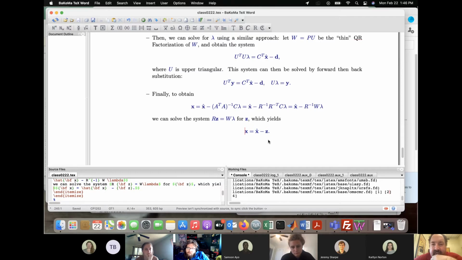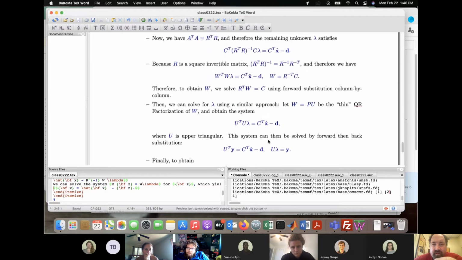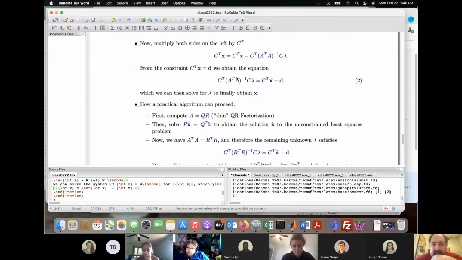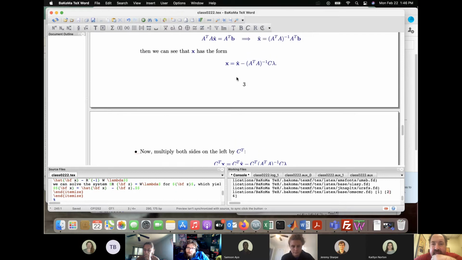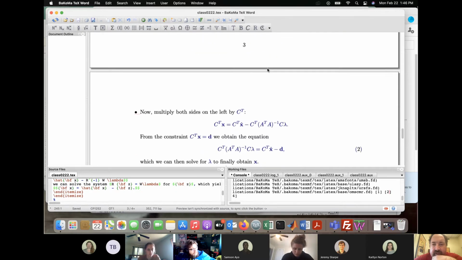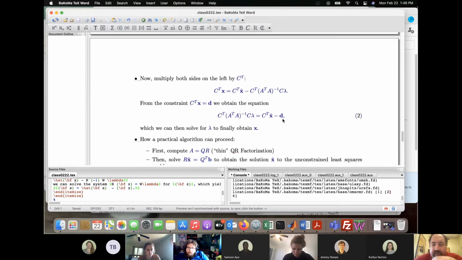So what you can see is, even after you have a formula worked out, this formula right here for X, which also relies on this formula for lambda, you don't want to just code this up and solve it.